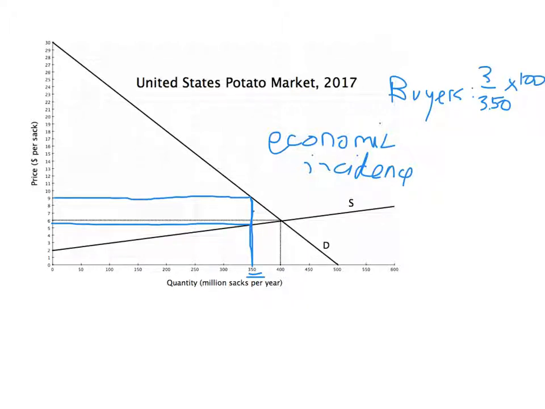I don't have my calculator. Let me get my phone out. Actually, I'll pause it for a sec here. So that turns out to be 85.7% of the tax. And you only have to calculate one side of that with your calculator, because we know it has to add to 100%. Sellers paid then 14.3% of the tax.